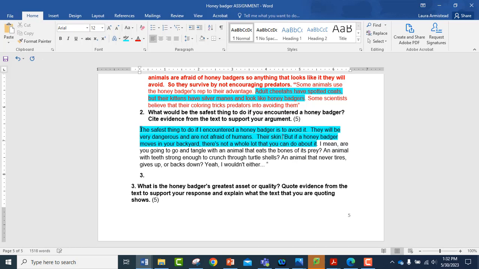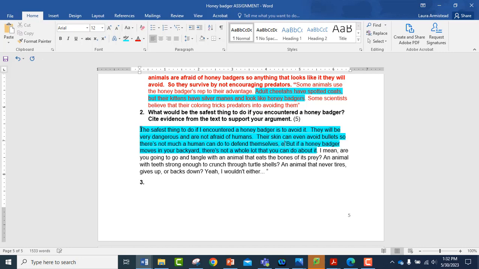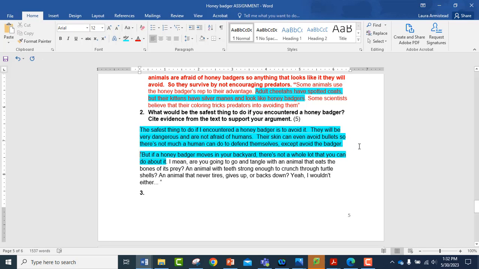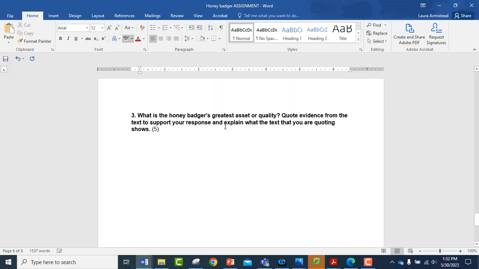Their skin can even avoid bullets. So there's not much a human can do to defend themselves except avoid the badger. There we go. So what I've done here is I have answered the question and I use the quote from here. Plus in here I talked about their skin being able to avoid even bullets.